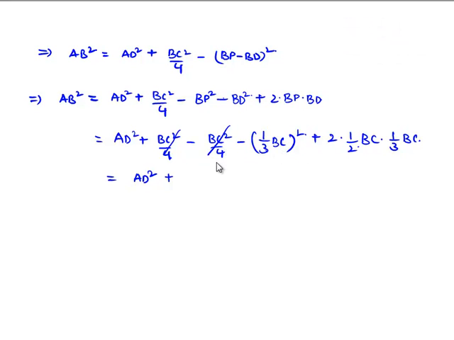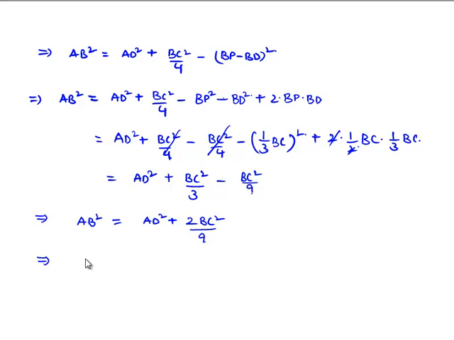And now let us write this term here, then we get BC square by 3, as here 2 and 2 common in numerator and denominator will be cancelled, minus here 1 by 3 BC square is nothing but BC square by 9. That implies AB square is equal to AD square plus BC square by 3 minus BC square by 9 is nothing but, let us take 9 as LCM here, then we get 2 BC square by 9.